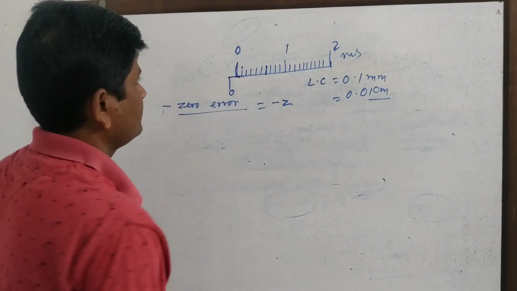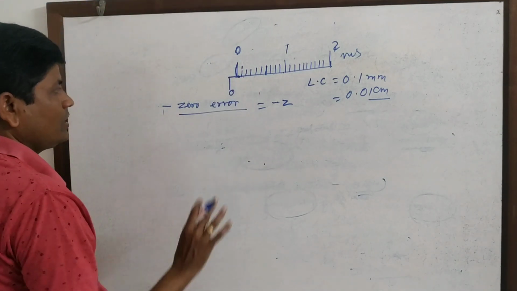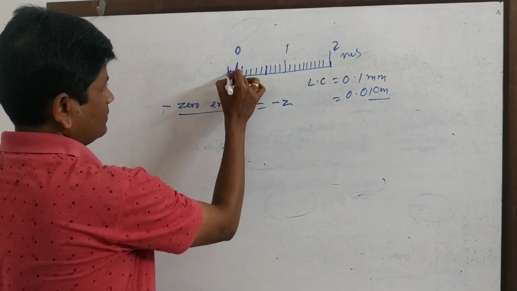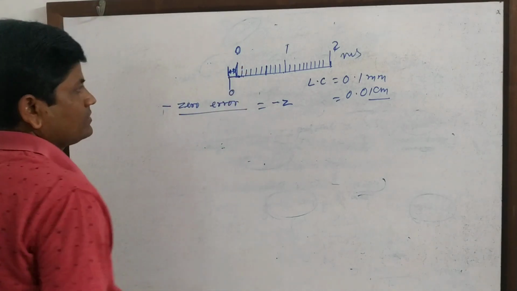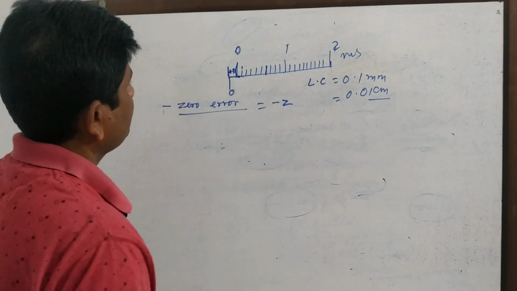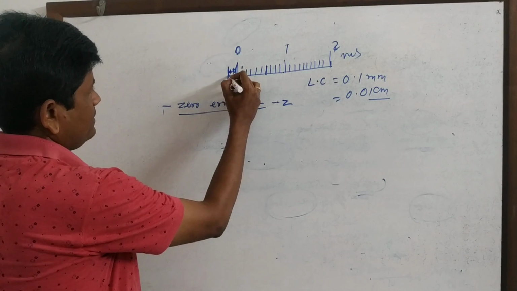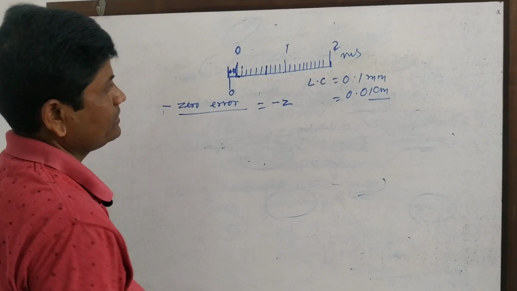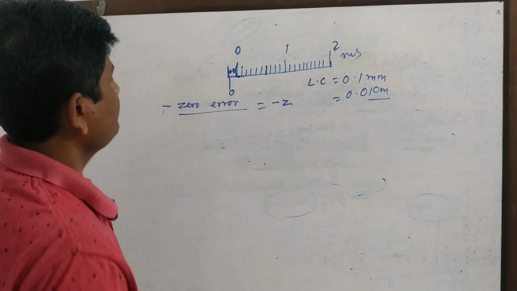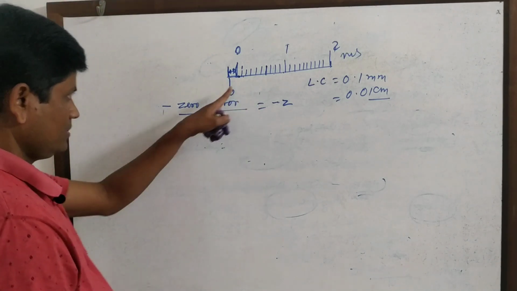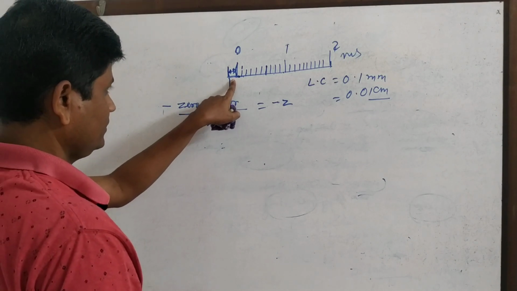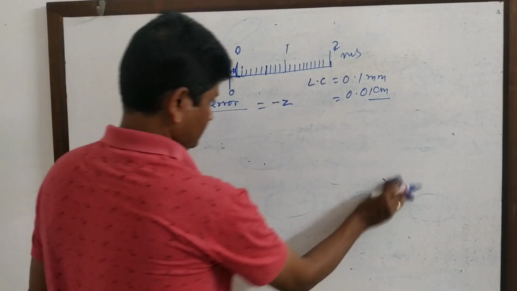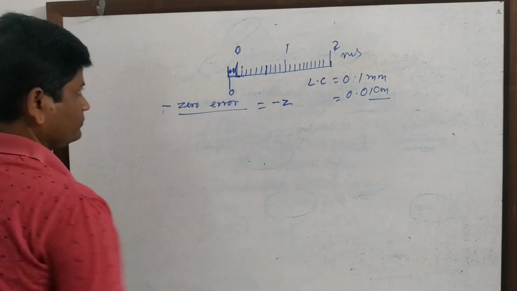How do we count this distance, this length? This much length will be subtracted from the reading. This is the negative zero error.